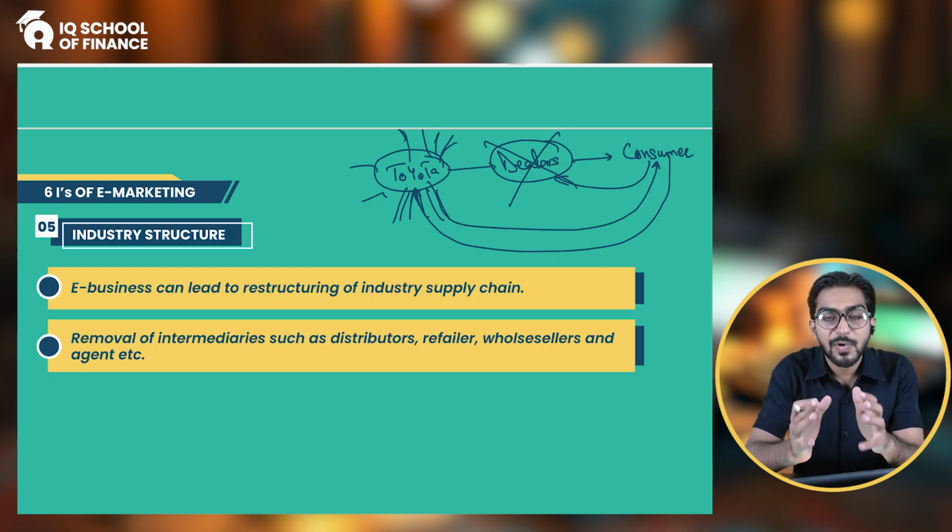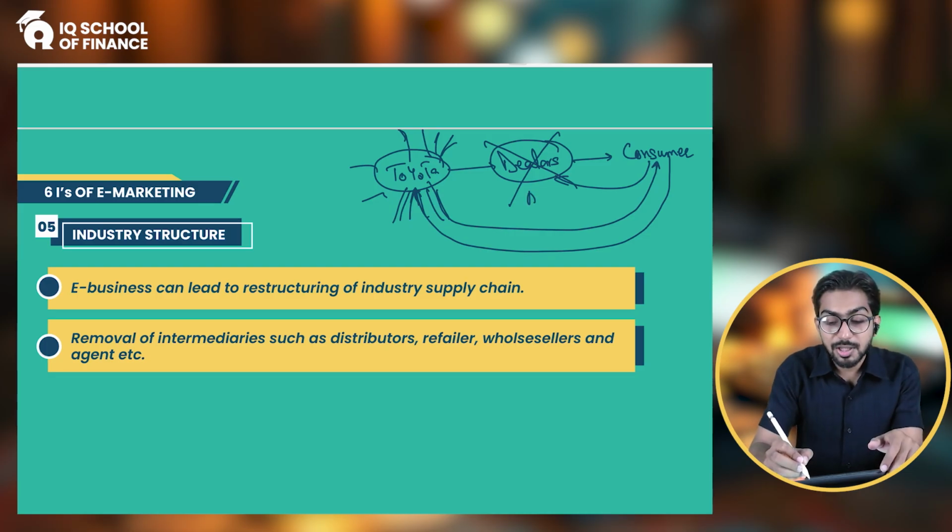Now the electronic platform is available and open for everyone. Everyone can interact with the manufacturer directly and make purchases directly from the manufacturer. What benefit will you get? The margin which the dealer was keeping, you can save the margin.